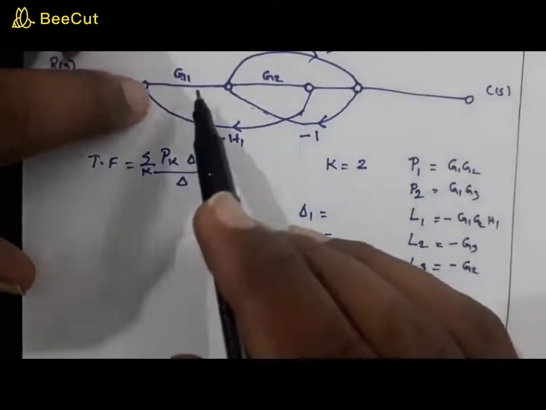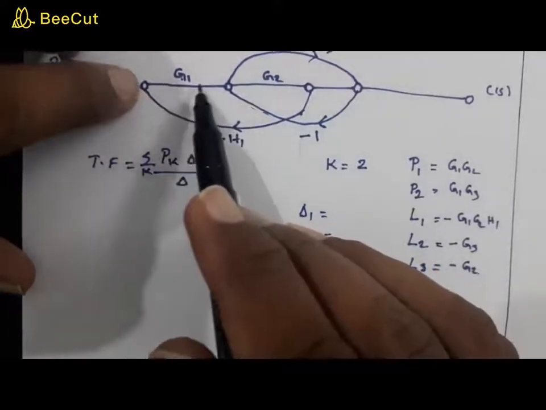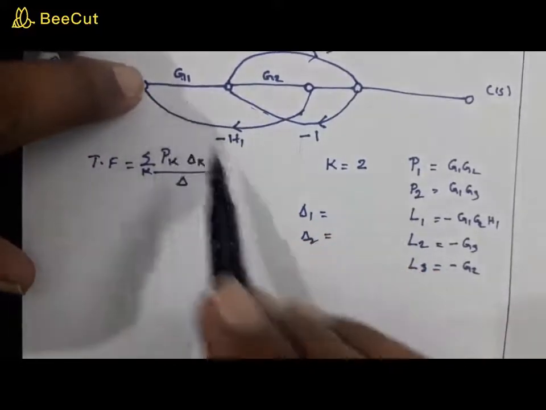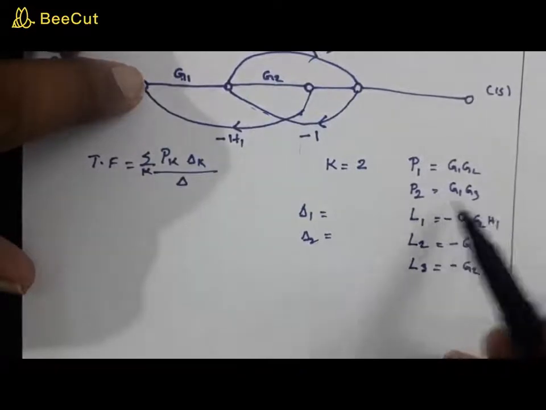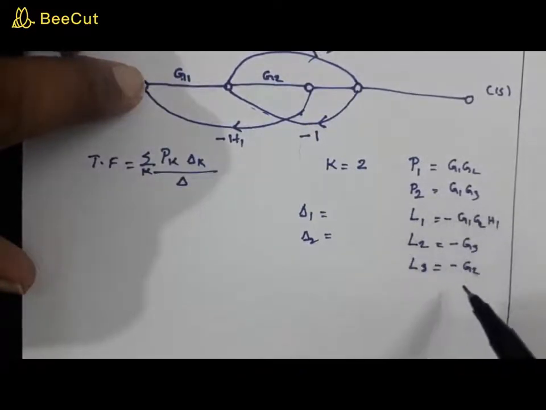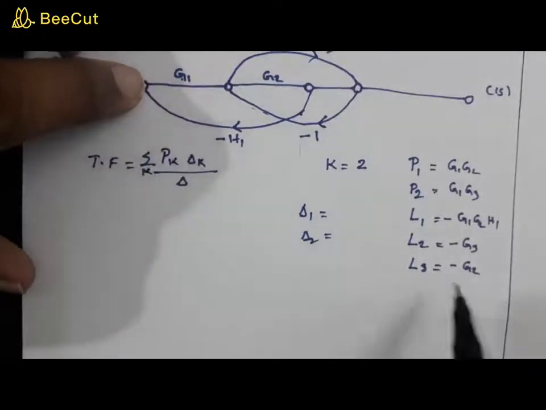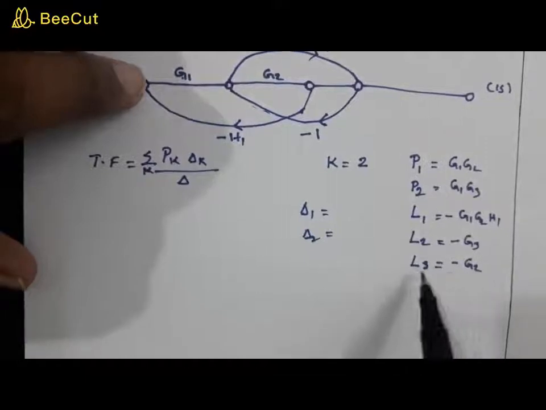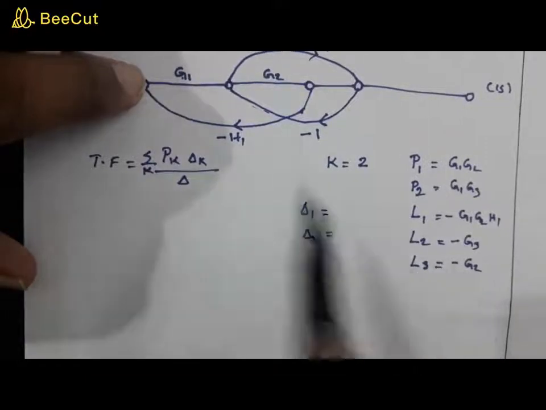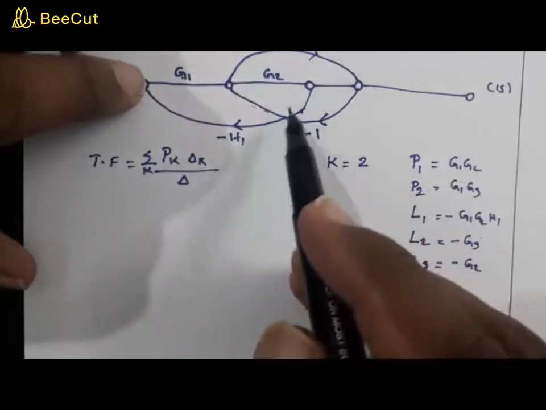Similarly, by observation, you can see that P2 also is common. Okay, so look at this. You may feel that L3 is a problem. L3 is minus G2, which is this loop, right?